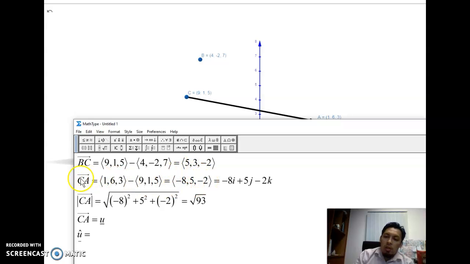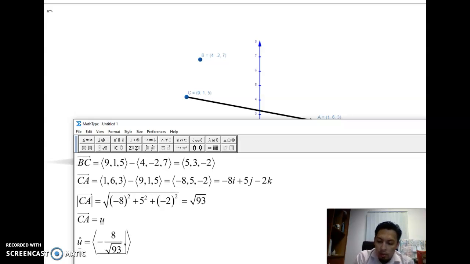To change this vector into a unit vector, where when you calculate its modulus you will get 1, you change its values by dividing x, y, and z by the magnitude. So instead of 8, now it is 8 over root 93.